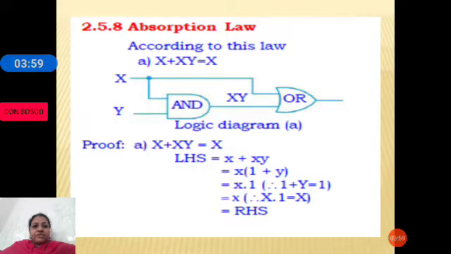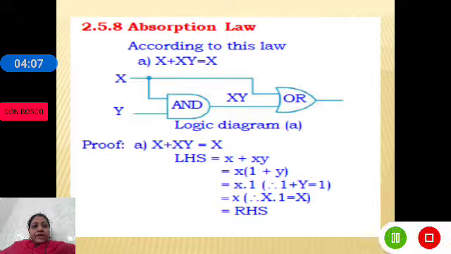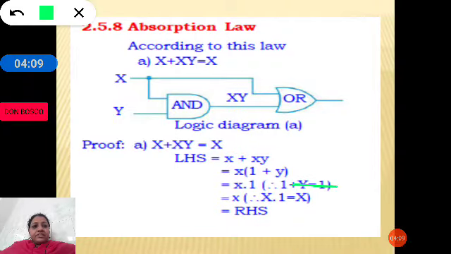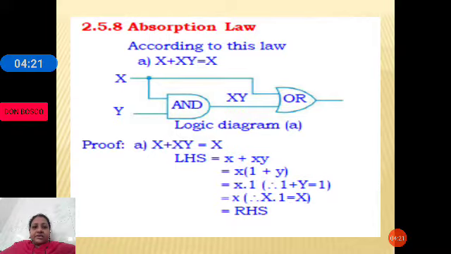Similarly 1 plus y is equal to 1. So we are substituting 1 here. Now x ANDed with 1 is x, therefore LHS is equal to RHS. Like this we are proving the first absorption law.